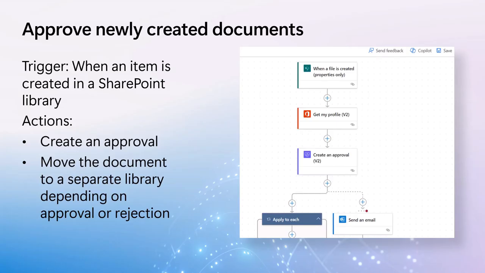Imagine an onboarding scenario where a contract needs to be approved before the onboarding can commence. In this case, when a document is created within a SharePoint library, there are a number of actions that take place. And depending on whether or not the document is approved, it would then be possible to move the document to a separate library.